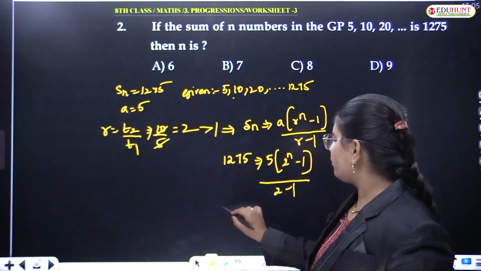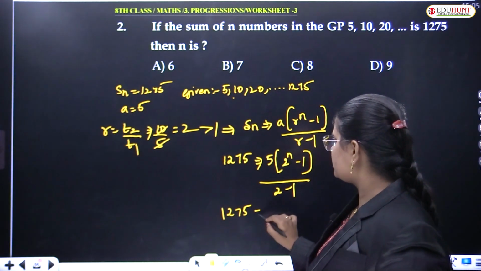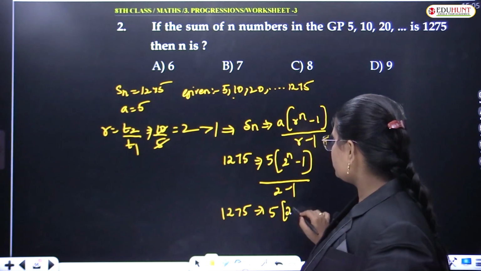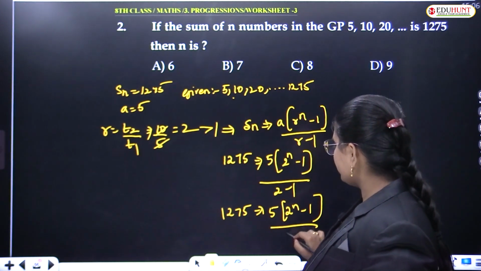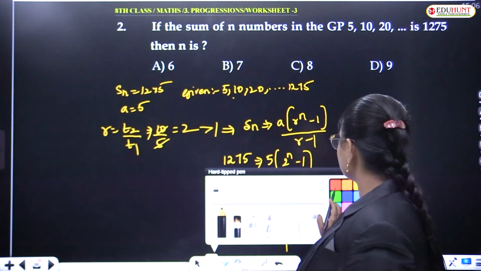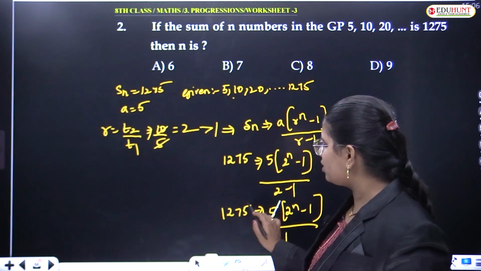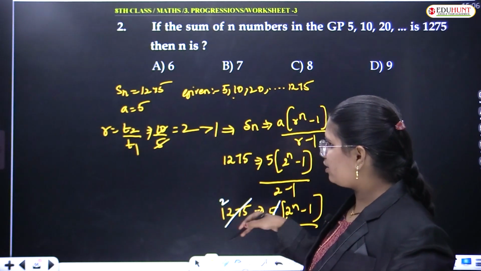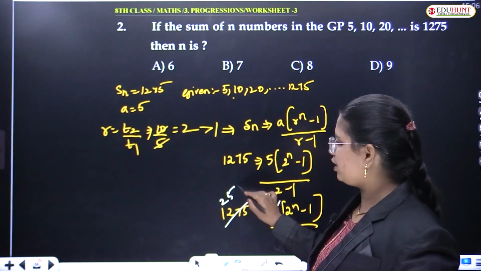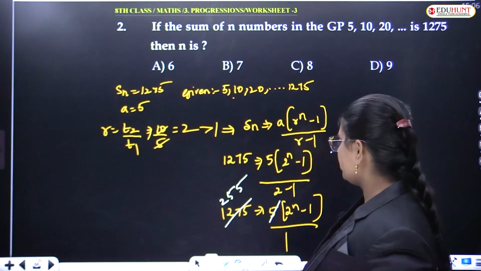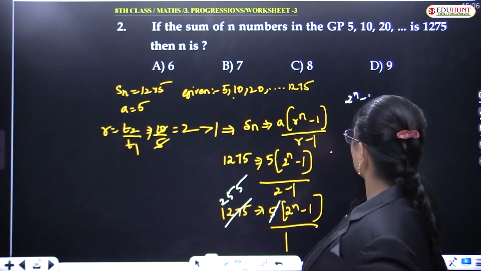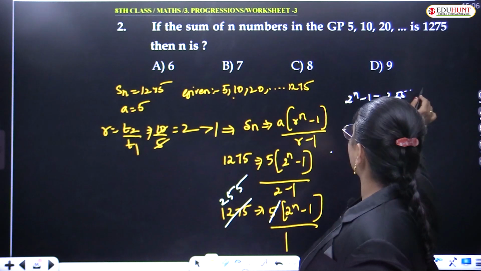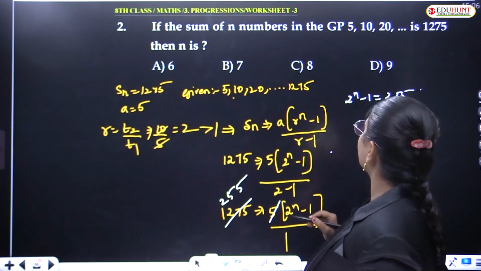So 1275 is equal to 5 into 2 power n minus 1, over 2 minus 1, which is 1. So please cancel off these two terms. 5 times 5 2s are 10, remainder is 27, 5 5 is 25, and again 5 5 is 25. So 2 power n minus 1 is 255.